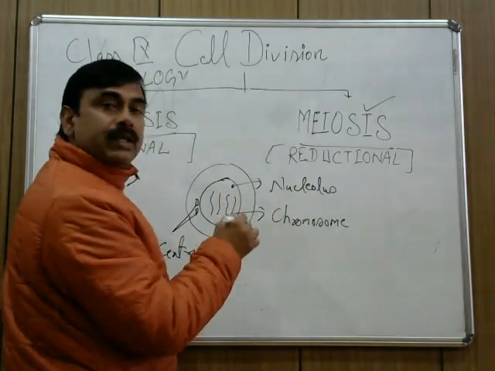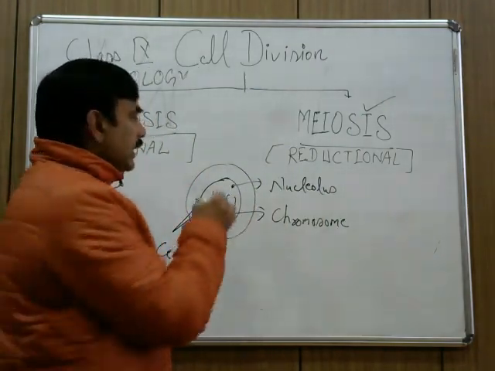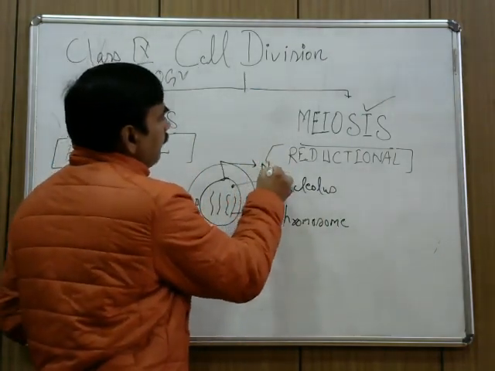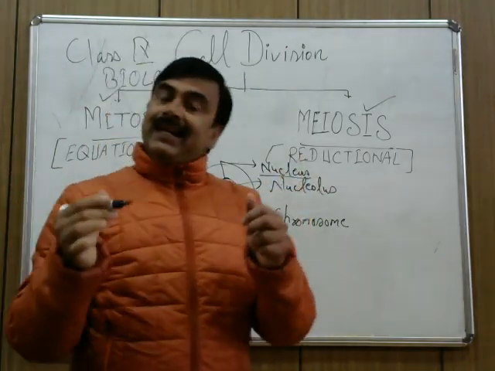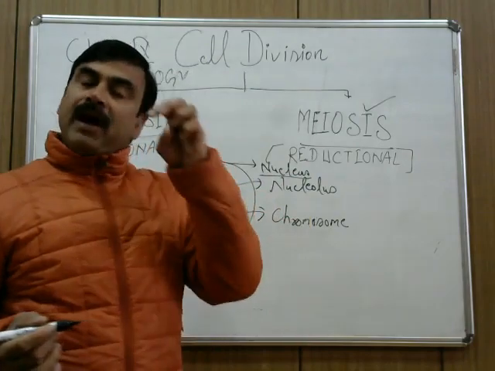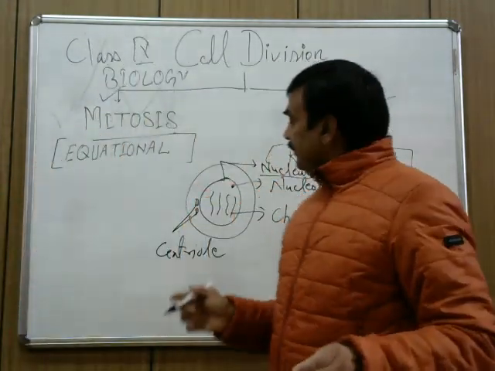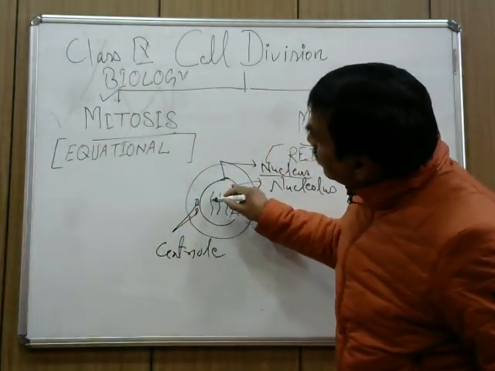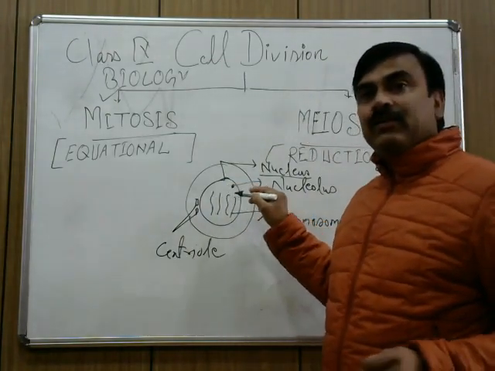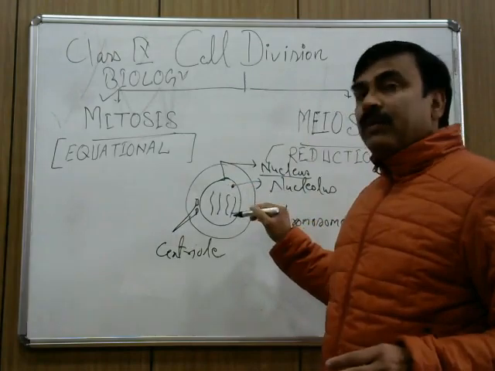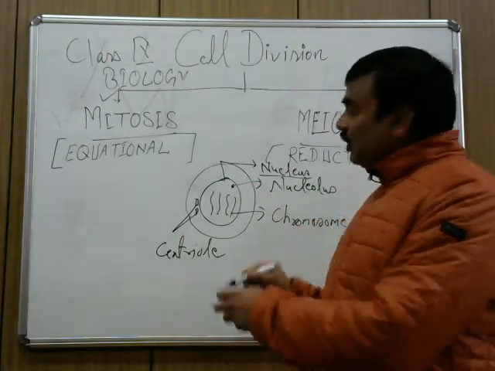The round shaped structure is the nucleus. I am going to the inner part of the nucleus and I am going to focus on these thread-like structures. Look at this: 1, 2, 3, 4. Again I have taken 4 chromosomes, and before starting the cell division I am going to explain.